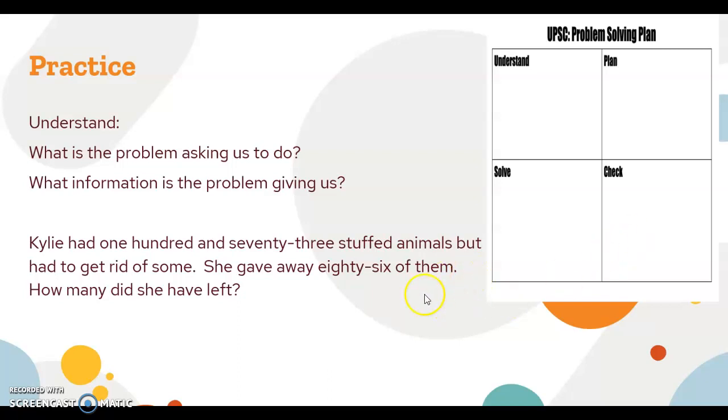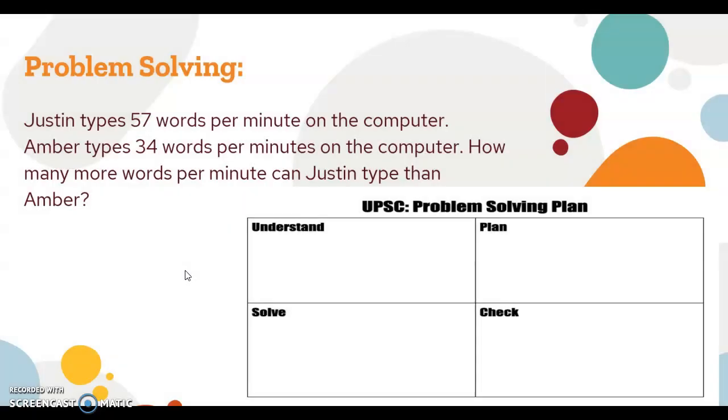So you have two problems that we want you to practice in your math journal. This is the first problem. And here is the second problem, where it says Justin types 57 words per minute on the computer. Amber types 34 words per minute on the computer.